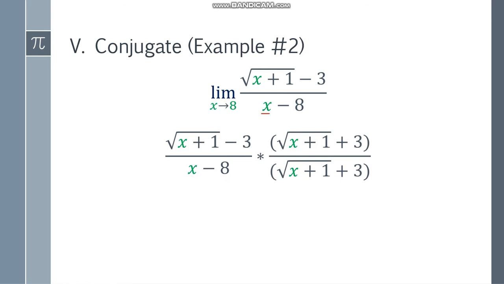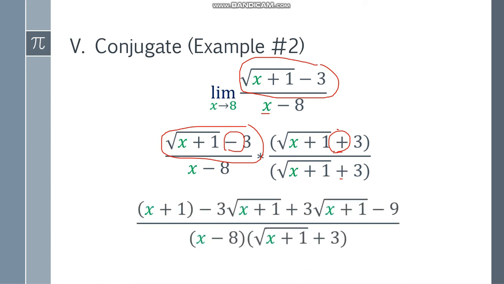So remember, our basis of conjugation is in the numerator part because that's where the square root is. So you multiply it by the square root of x plus 1 plus 3, because this is minus, we could plus this one. So you just copy paste this one and just change the sign. Now, remember difference of two squares. You're just going to multiply this one.